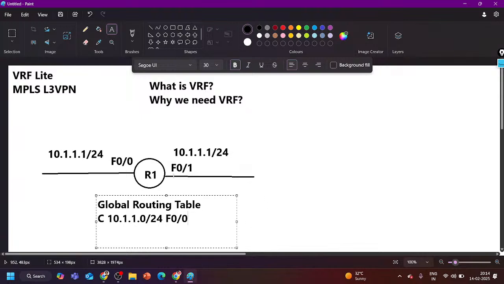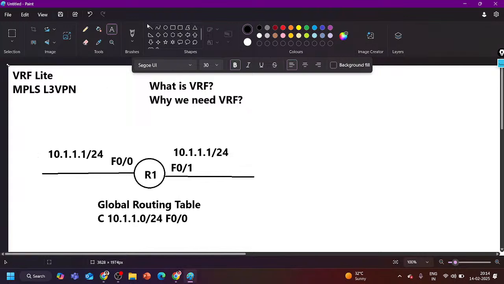Now if I configure the same IP address on F1/0, it is again going to make an entry in the routing table, but the same network is already there. So we cannot configure any IP address from the same subnet on F1/0, even 10.1.1.2. Right, we cannot configure any IP address from the same subnet on another interface of the router, correct?